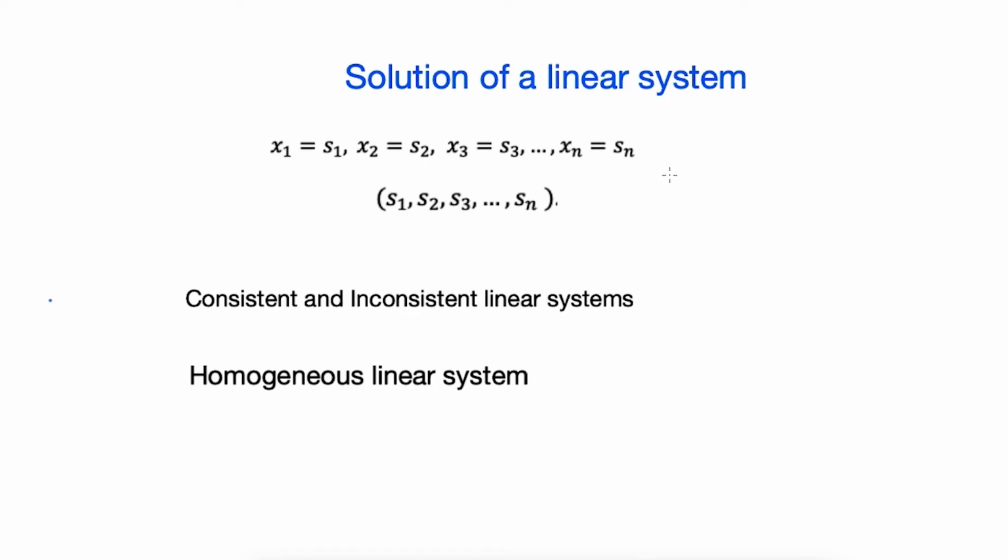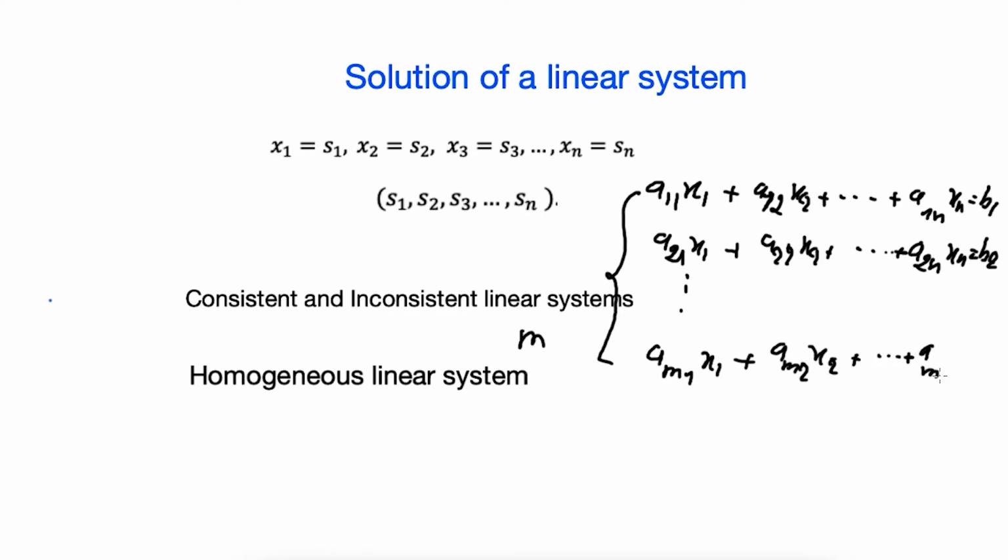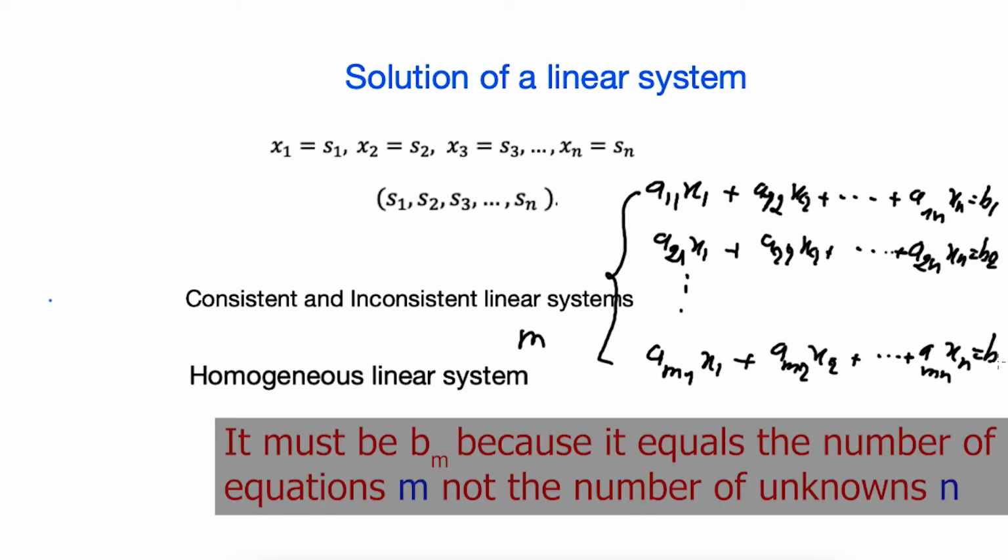For example, if we have a linear system a11 x1 plus a12 x2 plus till a1n xn equals b1, and a21 x1 plus a22 x2 plus till a2n xn equals b2, till, if we have m equations, am1 x1 plus am2 x2 plus till amn xn equals bm.